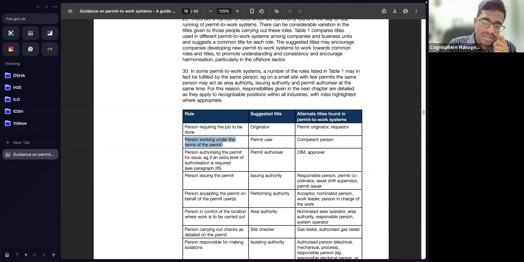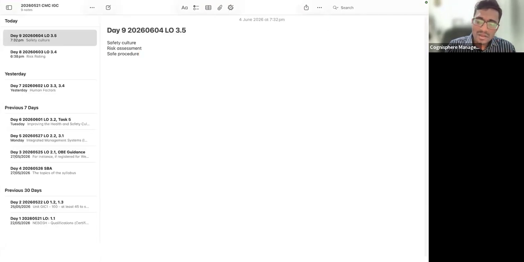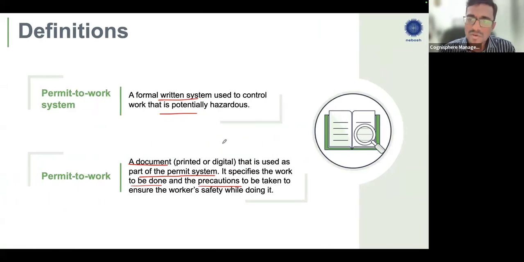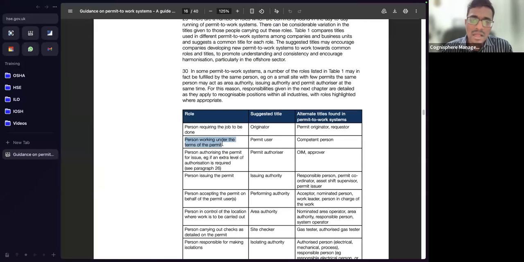So for example, let's say there is a maintenance to be done in the warehouse, as part of a refurbishment project. Here, the person requiring the job to be done could be the person in charge of the warehouse.